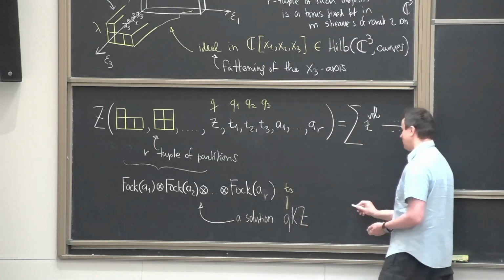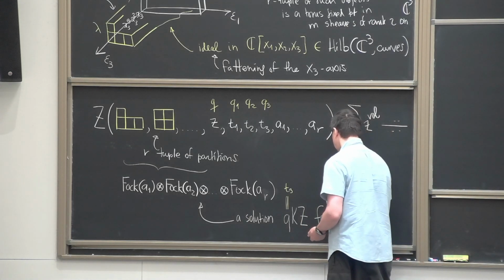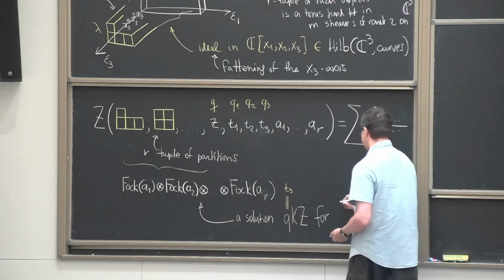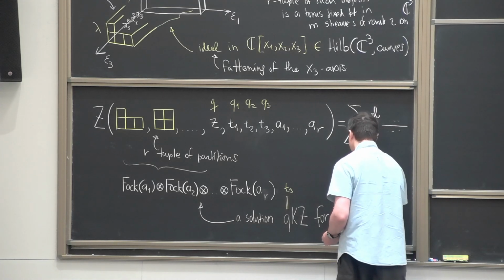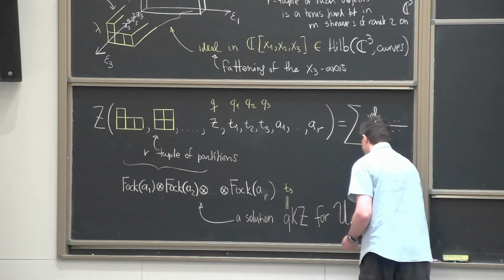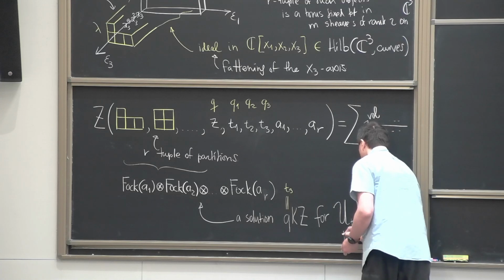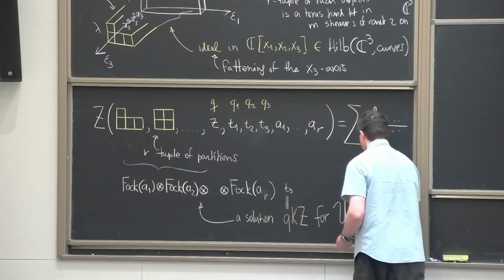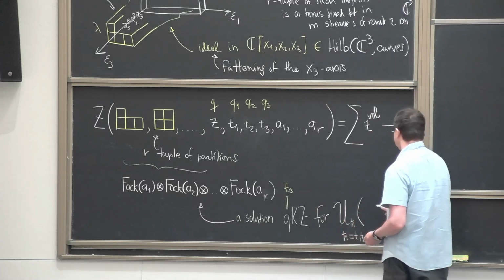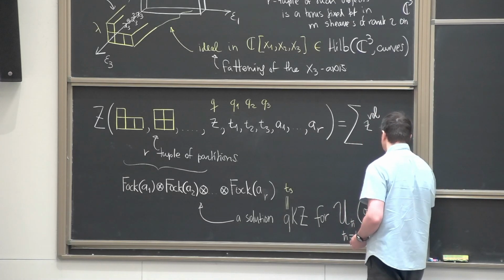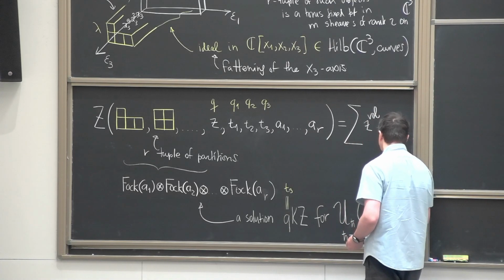It is a solution for something like U, h bar, where h bar is, depending on your notation, more or less T1 times T2, of double loops into GL1, double loops.